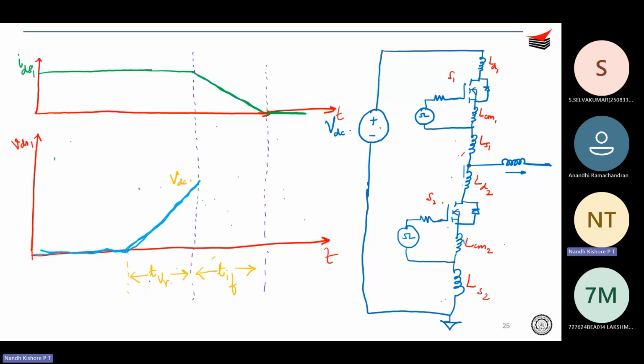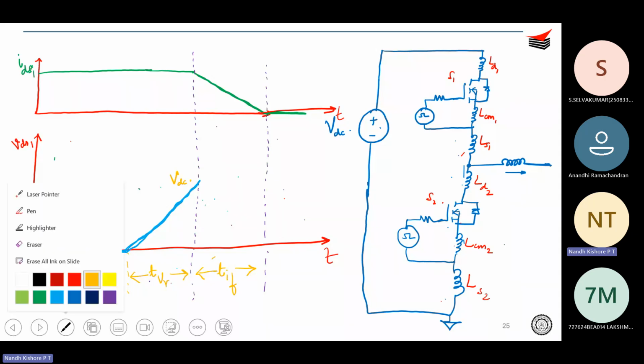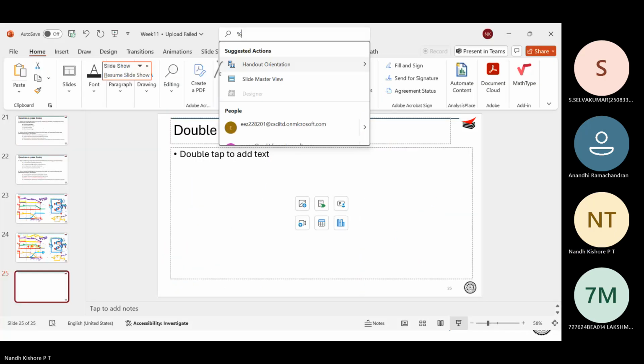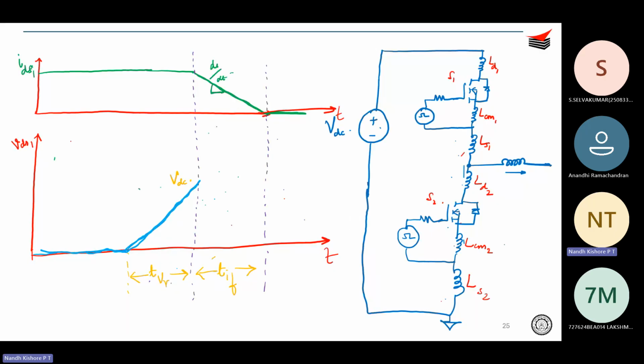Okay, so now we have to do the same analysis when there are inductances. Okay, so now assume that this current fall is linear. Okay, that is di by dt is a constant. Okay, di by dt is a constant. Okay, so what is the current path for DS1?